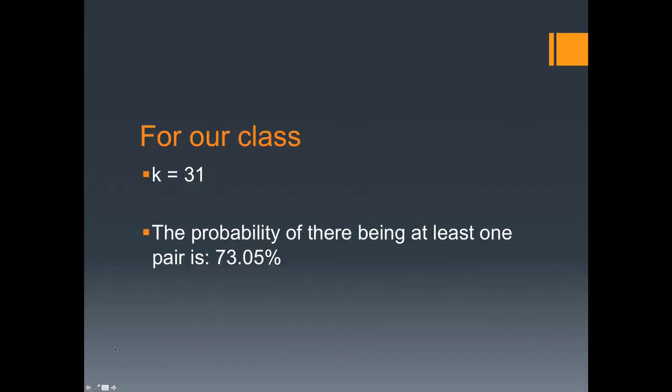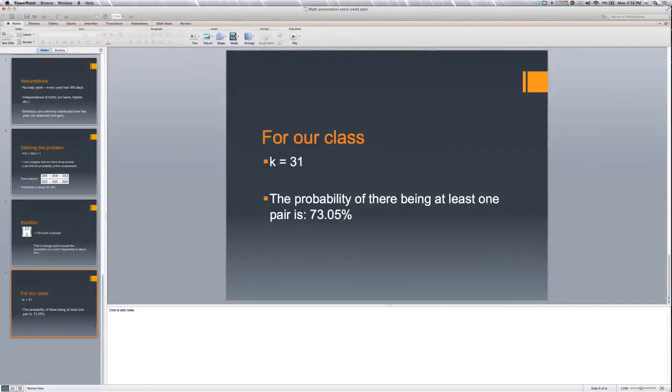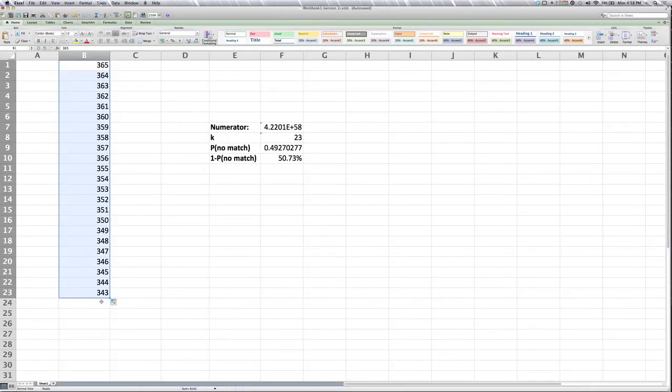And just to finish this off, I counted how many people are in our class. It's 31. So if I take my model all the way to 31, we can see that there's a 73.05% chance that there'll be at least one pair of people in our probability class that will have the same birthday.